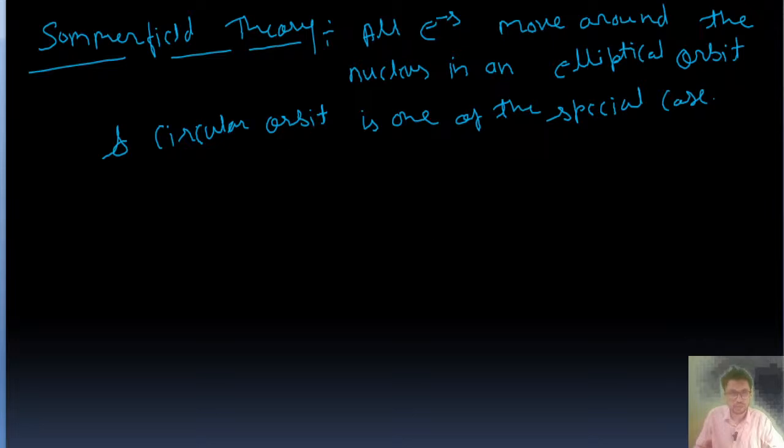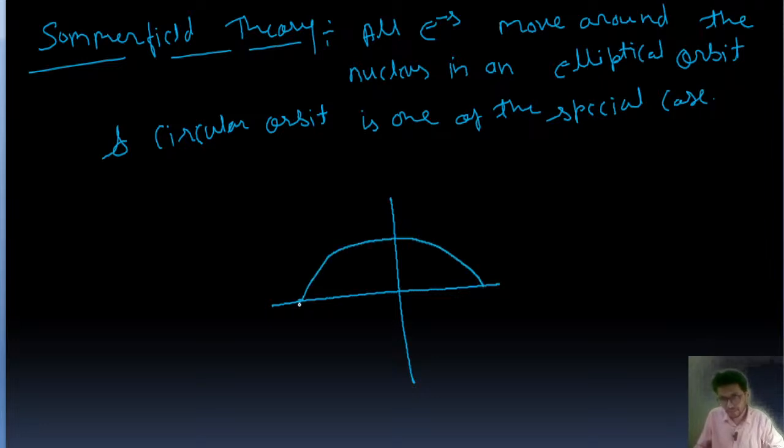Like this, I'll show you. So this is the elliptical orbit, the electron moving in an elliptical orbit, and circular orbit is one of the special cases.